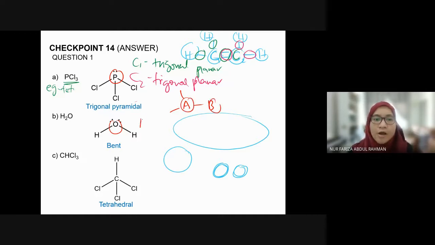What will be the electron geometry for A, tetrahedral for example, and then for B, linear for example, and then for the molecular geometry pun you have to have one for each central.